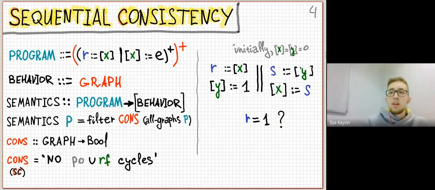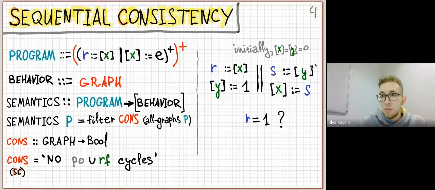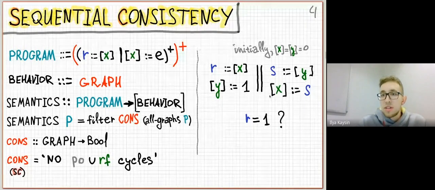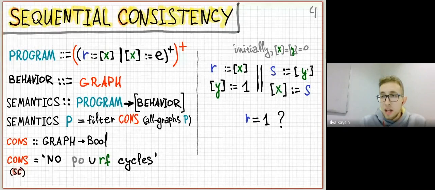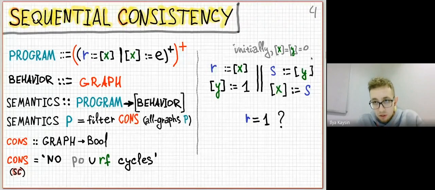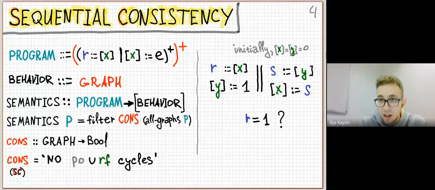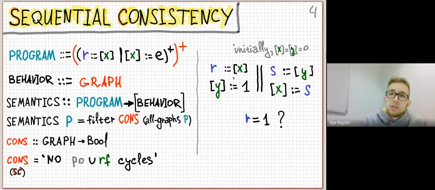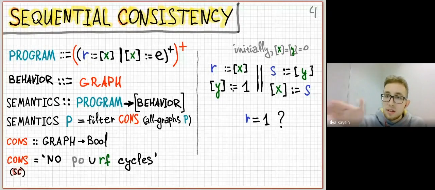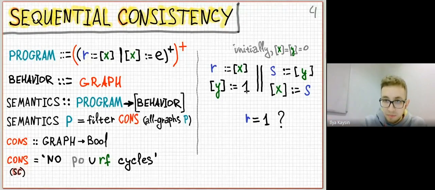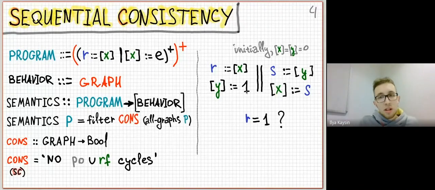The second thread passes the value from the source location Y to the target location X. So it passes it through the local register S. So we first read from the source location Y to S, and then we write this value to the target location X. And the first thread first reads the target location X and then initializes the source location Y with 1. Right? And the question is whether it is possible for the first thread to read 1 from the target location X.